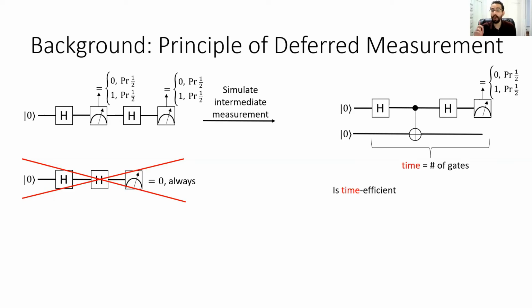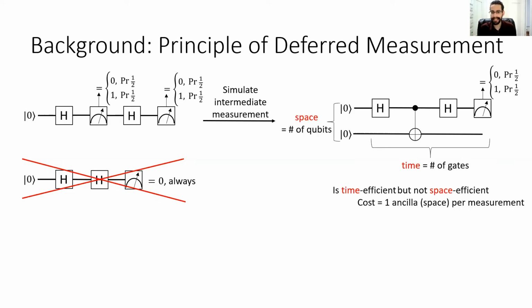However, if we also care about the amount of space that our algorithm uses, that is, the number of qubits in which our circuit operates, then this procedure is terrible, as it costs us one fresh ancilla, that is, one additional unit of space for each intermediate measurement simulated in this manner.